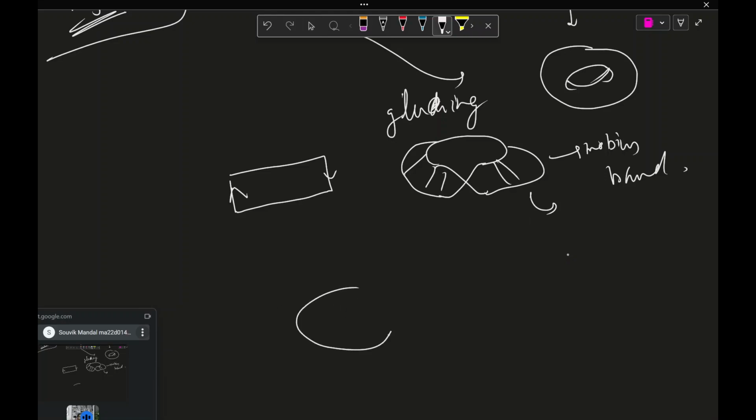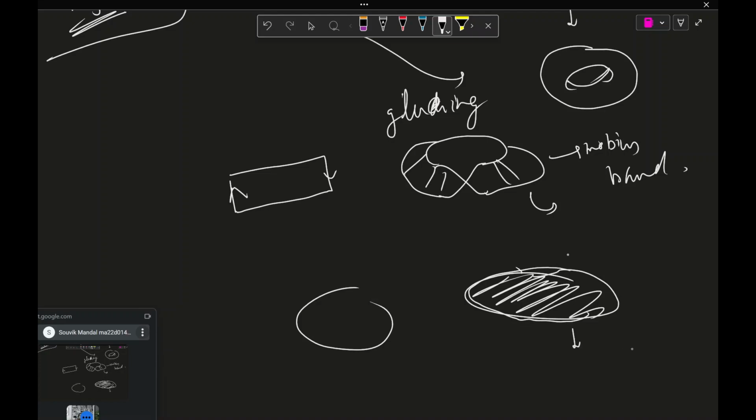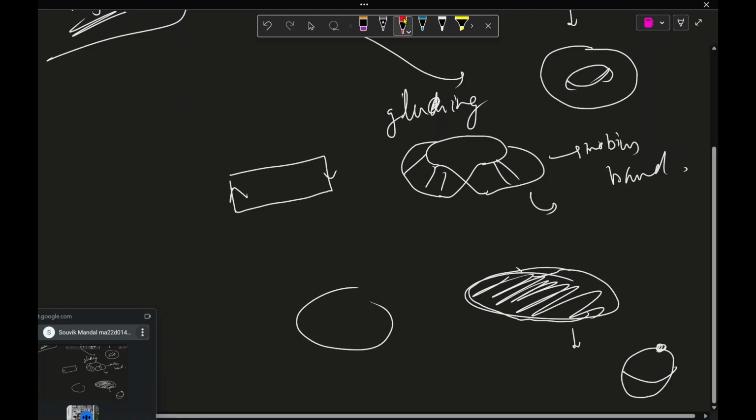For example, suppose we have a disk, and we are joining its boundary to a single point. What will we get? We will get this thing, right?